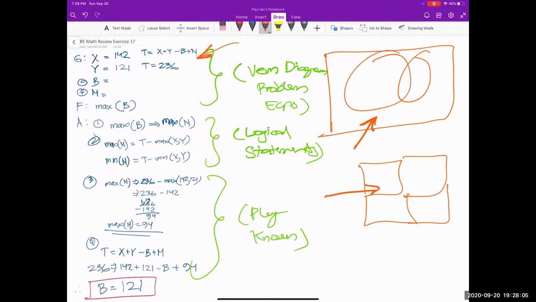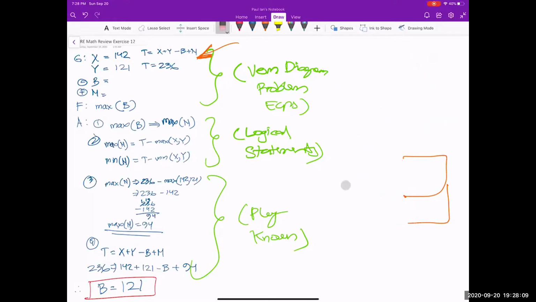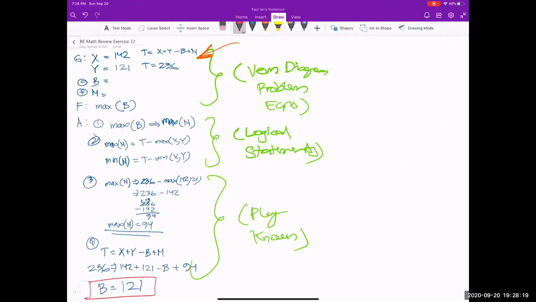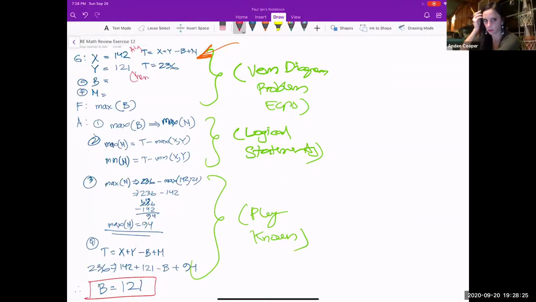Okay. And for the most part, I've seen ones with three things, because this one is only two things, right? It's the number of students. Yeah, 142 algebra, and I think 121 chemistry. Right.